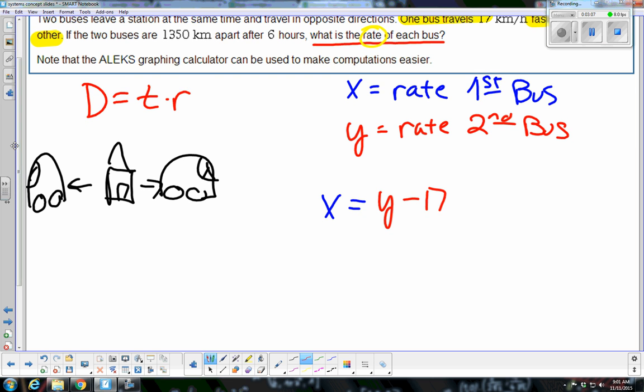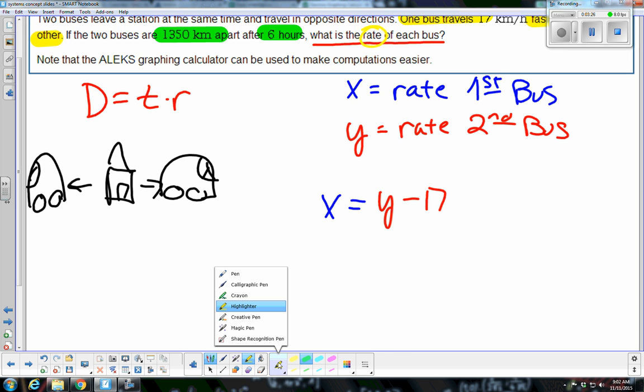Okay, now we're on to the second sentence. So if you have two buses that are this far apart after 6 hours, well, how do we calculate distance? We know distance is equal to rate times time.